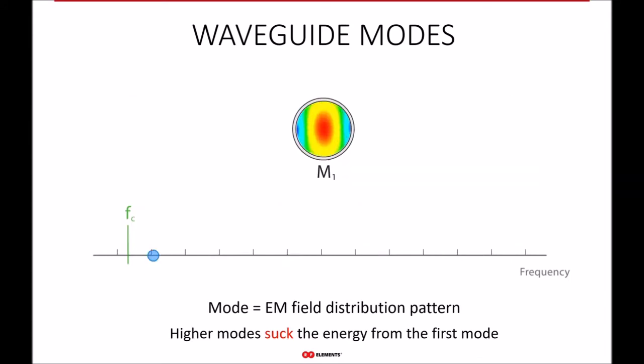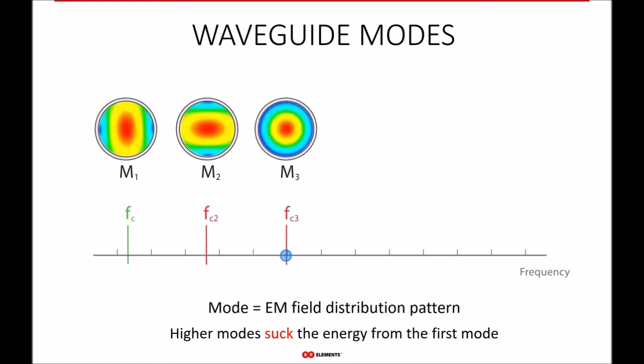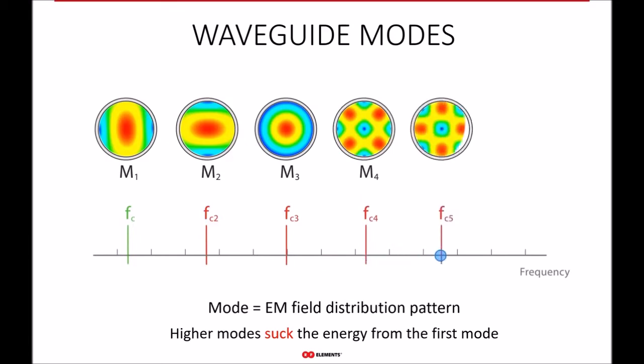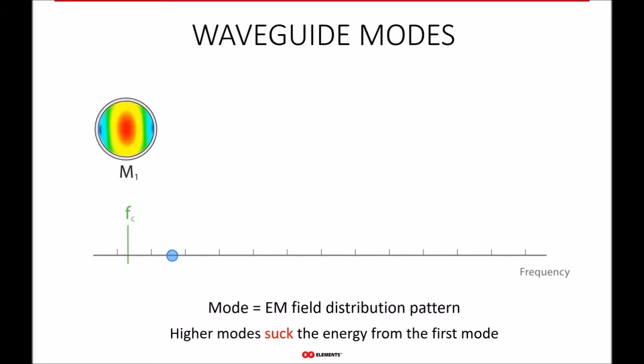So in that sense, the higher order modes are not useful or desirable, because once we cross that FC2, the waveguide starts to behave unpredictably. It's not well understood how the operation of the devices based on the waveguide that works with the higher order modes works. So that's why we try to avoid this.